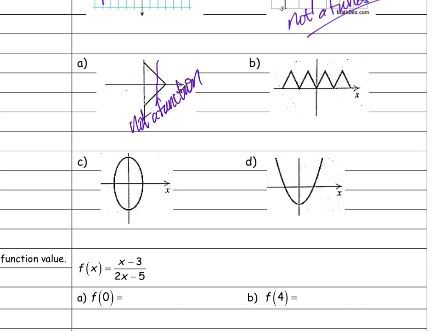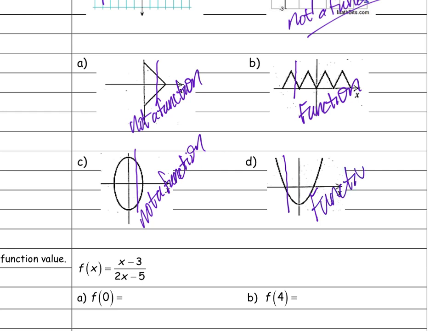B, if I drop a vertical line anywhere and slide it along, it would be a function. C, if I drop a vertical line, not a function. And D, if I drop a vertical line, it's only intersecting in one place, function.